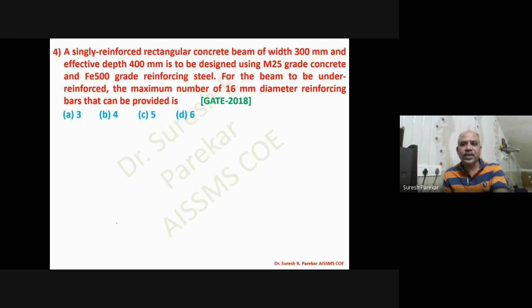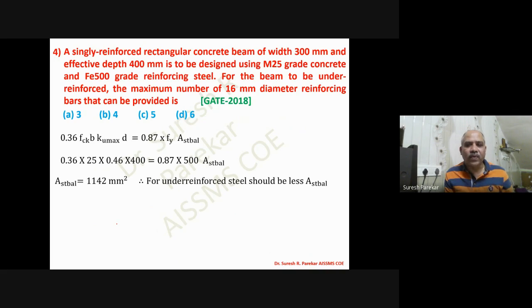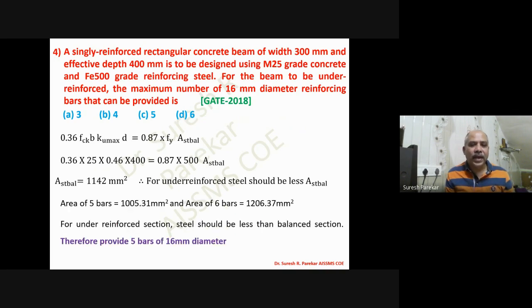Then a singly reinforced rectangular section is given, and we have to find out the maximum number of 16 mm diameter bars. So here we first have to find out AST required and then go for the bars. Because we have to design, and in design we always go for a balanced section.